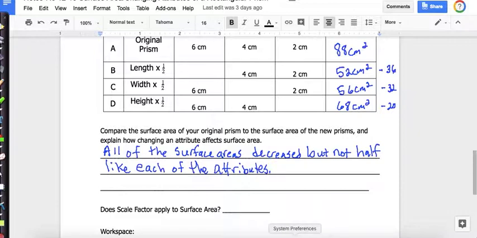Now what I'm saying here is all the surface areas went down, but they did not get cut in half like the attributes. Remember, if this was volume, then the volume would have been cut in half.